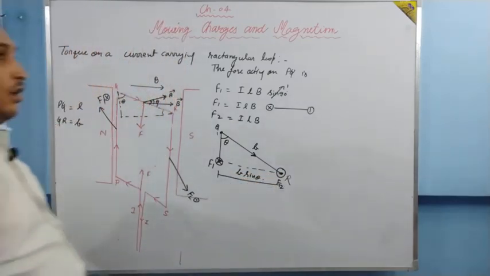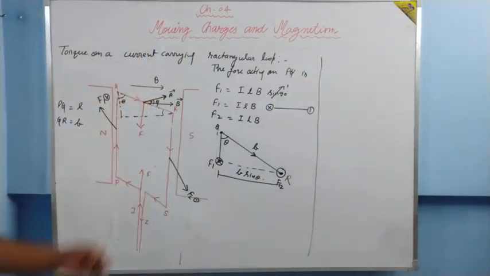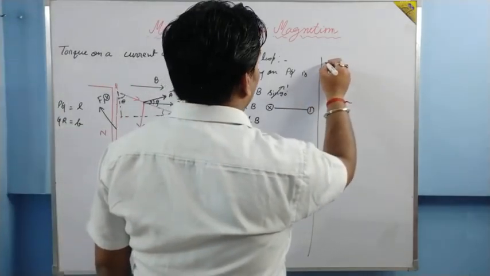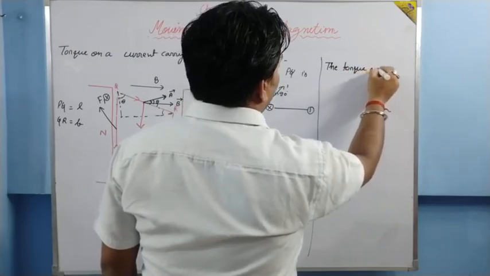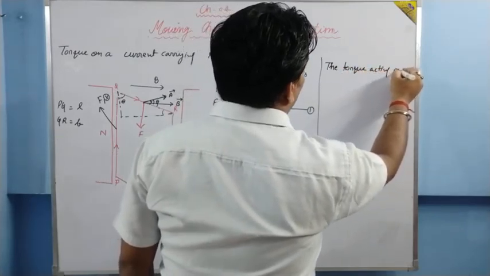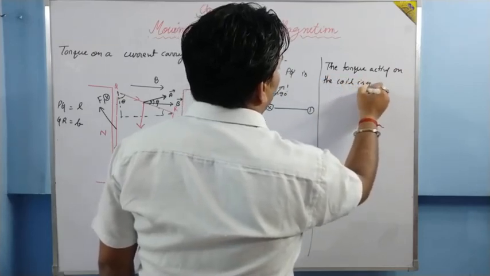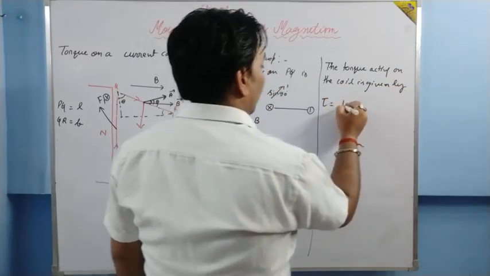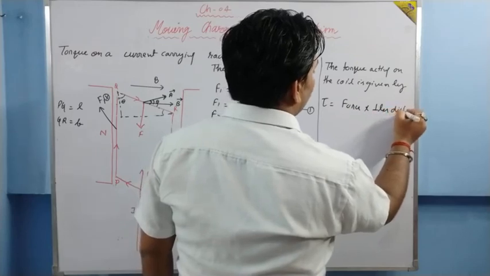Now we have two forces opposite to each other and equal also, so basically they will produce a torque. The torque acting on the coil is given by torque equal to force multiplied by perpendicular distance.